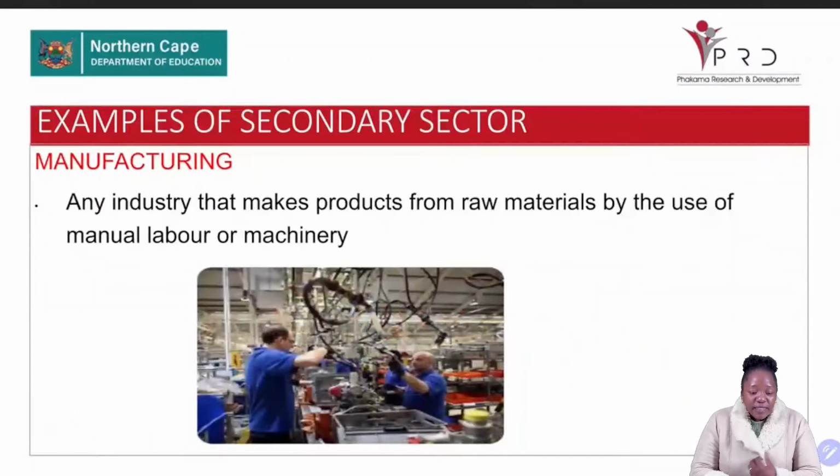Then we have the fourth, which is manufacturing. When we're talking about manufacturing, we are talking about the industries that take raw material and use manual labor, or they are using machines so that it can become a final product.